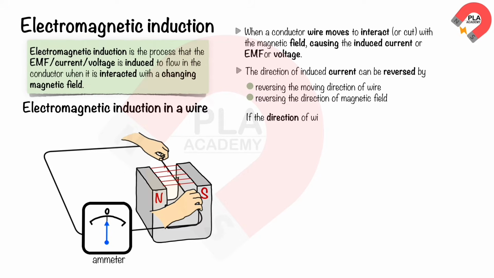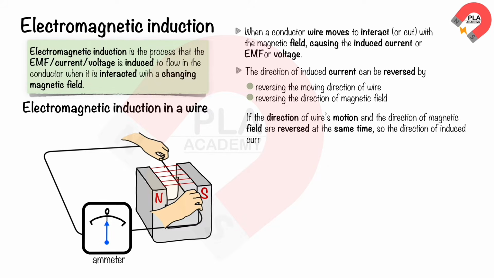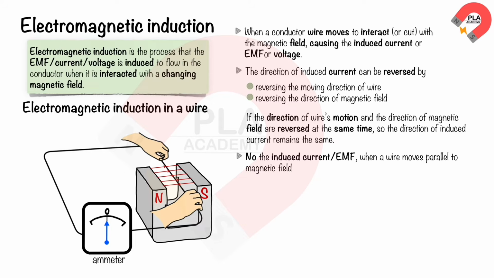If the moving direction of the wire and the direction of the magnetic field are reversed at the same time, the direction of induced current remains the same. There is no induced current when the wire moves parallel to the magnetic field. Maximum induced current occurs when the wire moves to interact at a right angle to the magnetic field.